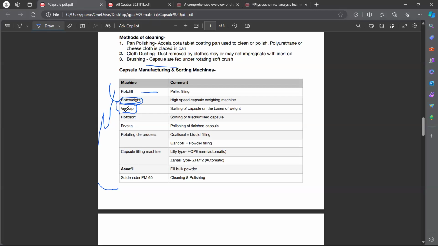So next, as I mentioned, the Rotafill is the equipment which is used to fill the pellets in the hard gelatin capsule. Next, Aquafill. Aquafill is equipment which is used to fill the powder in the hard gelatin capsule. There is also one equipment which is known as Aquagel.